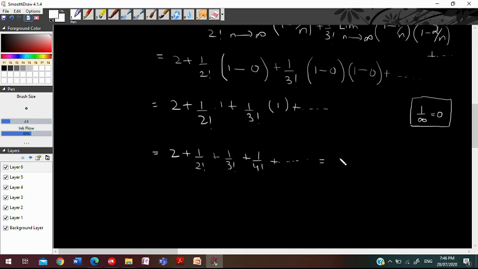Then if you calculate these fractions, you get 2 plus 0.5 plus 0.1666 plus up to so on.